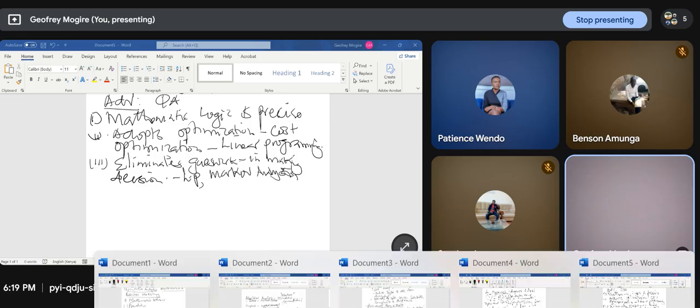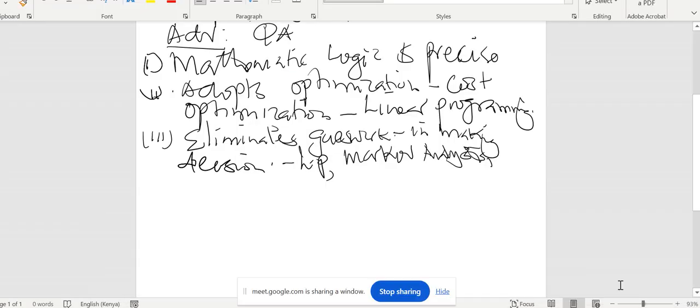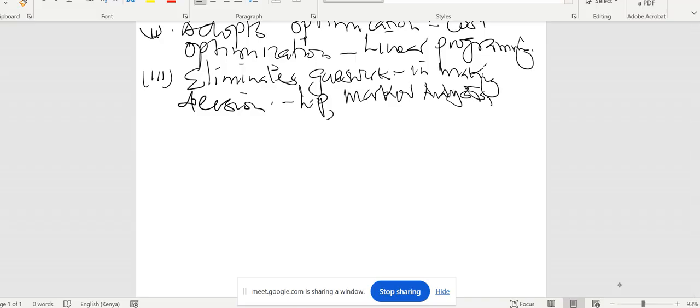So that aspect of decision making. Then we will have here the disadvantages of quantitative analysis. Unfortunately, we don't have the disadvantages.